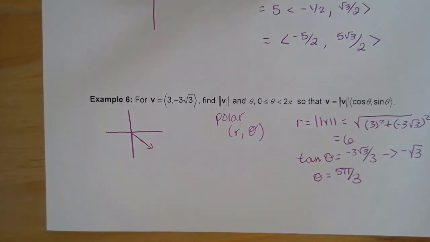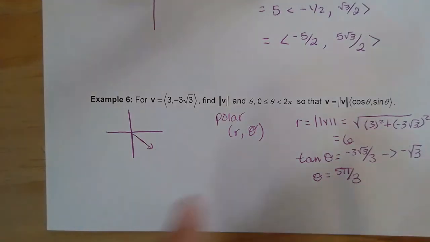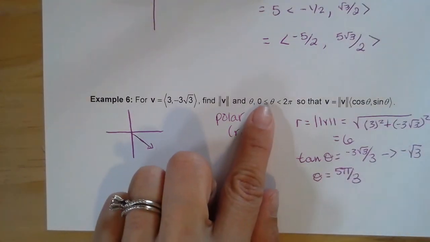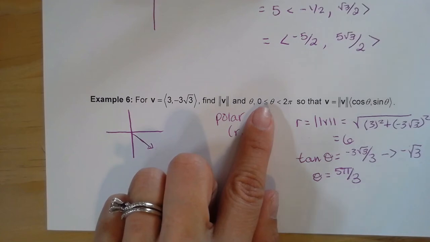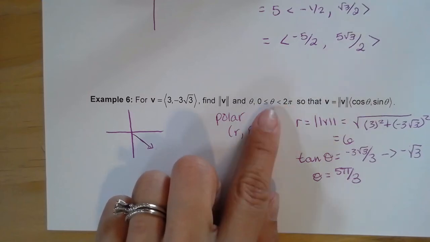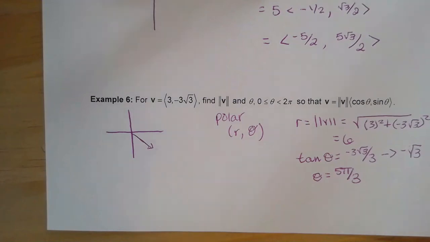We don't have to worry about doing the negative. We could if we want to, but, oh, we actually don't want the negative. Let me prove to you why. Because it said theta has to be between 0 and 2 pi. So in this case, we wouldn't do a negative pi over 3 because that would be outside our domain. So let's always keep the domain in check.